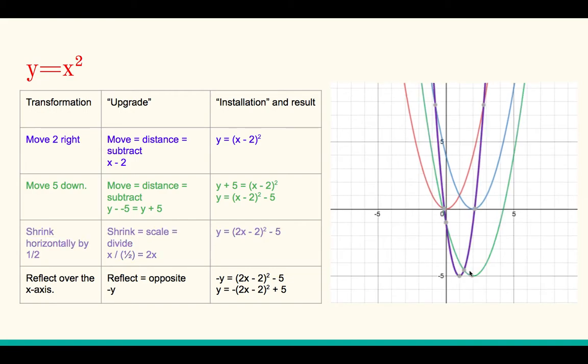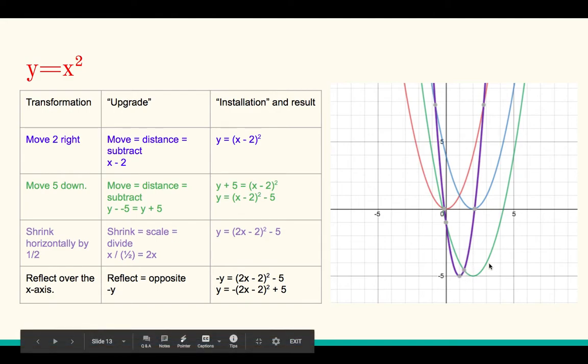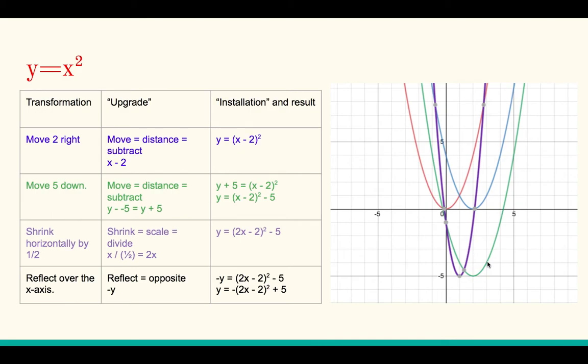So let's see if it works. That's the purple graph. And I know it's getting hard to see in this little spider web of graphs, but that purple graph, every point is now halfway back. Like this point on the green was 3 squares from the x-axis. Now it's 1.5 squares. So it has shrunk horizontally by 1/2.